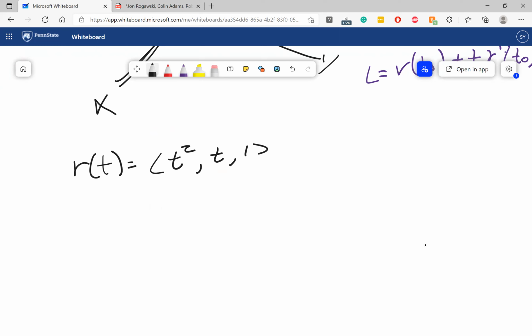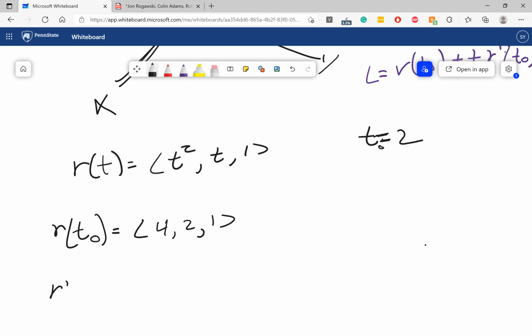We want to find the line at t is equal to 2, so let's call this t0. r of t0 is equal to 4, 2, and 1.